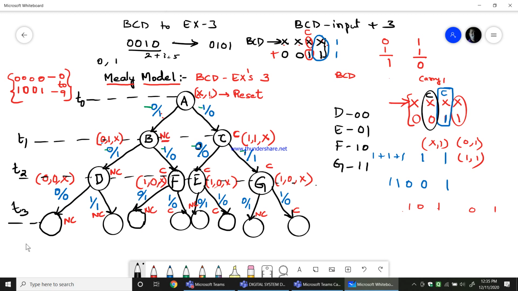We will not have a T4 state. The reason is this would be the last bit you add with the carry, and that would be the last state. Therefore, in this state we get 2 again, these 2. Anyway, I'll name the states there by going from bottom to top.